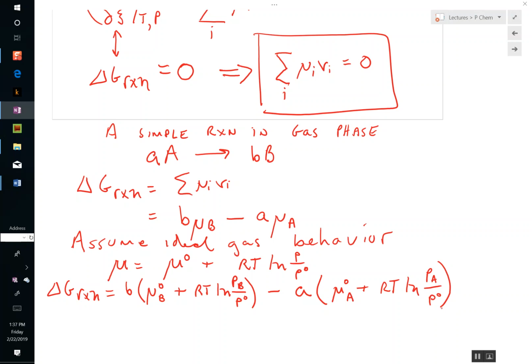And remember, when we do these, we always bring in the coefficients. When we do a products minus reactants kind of equation, we're multiplying by the coefficients.